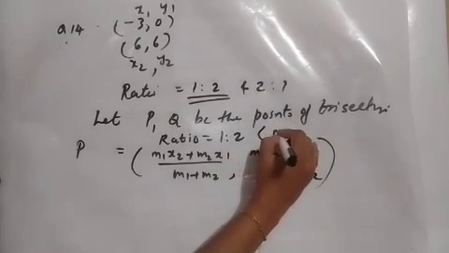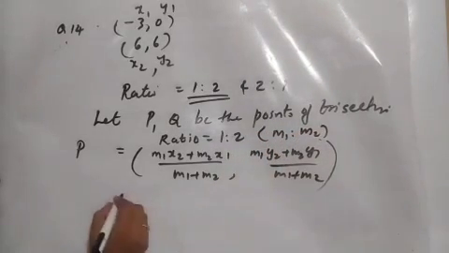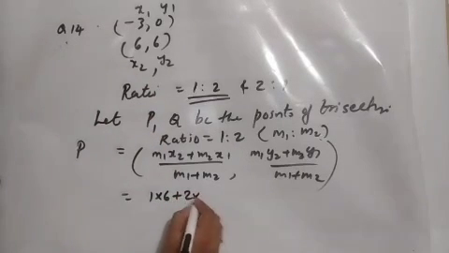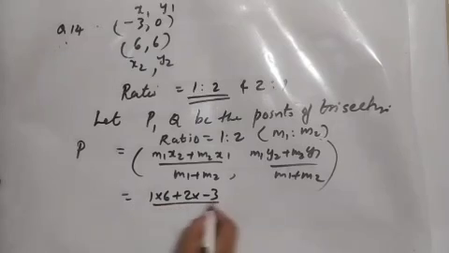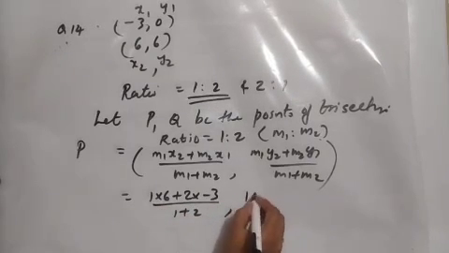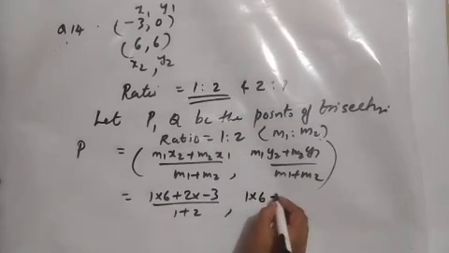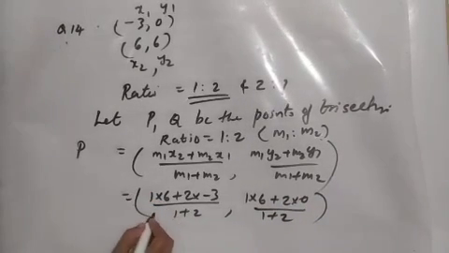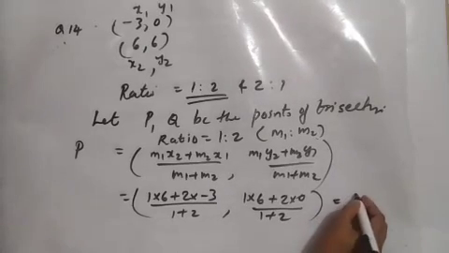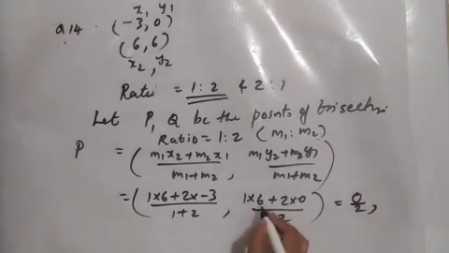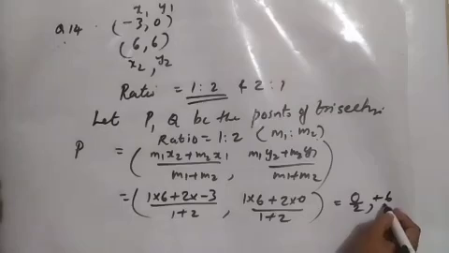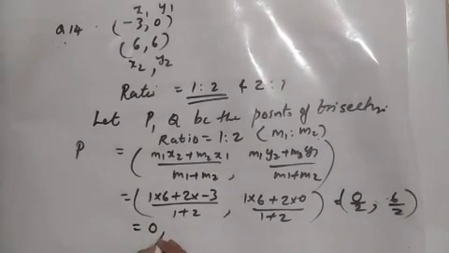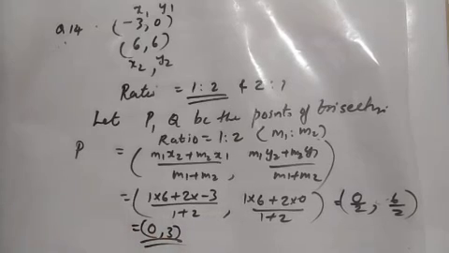This is m1 is to m2. That is 1 into x2, which is 6, plus 2 into x1, which is minus 3, by 1 plus 2. Here also 1 into y2, 6, and 2 into 0 by 1 plus 2. 6 minus 6, 0 by 3, and 6 plus 0, 6 by 3. That is 0 and 2. This is the first point.